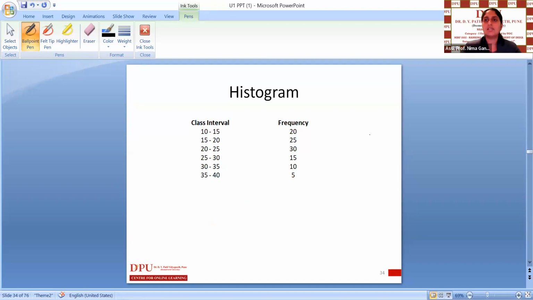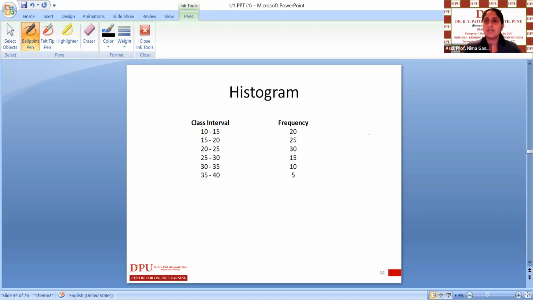So this is how we represent the numerical data. We represent it in 3 ways. The first one is we use it as it is, which we call raw data or an individual series of observations. The second type, if your data is discrete, you can represent it in an ungrouped frequency distribution, where in the first column you have individual numbers and in the second column you have respective frequencies.